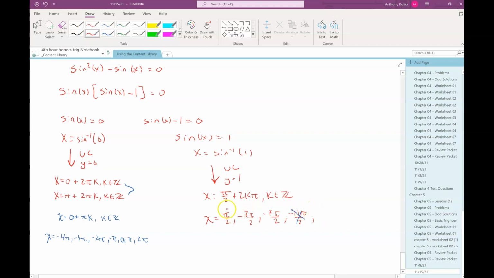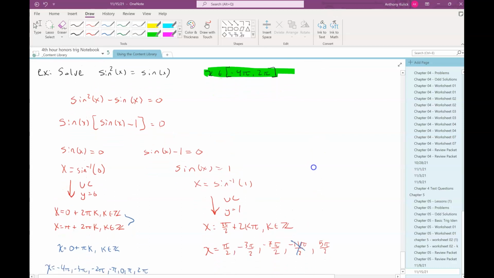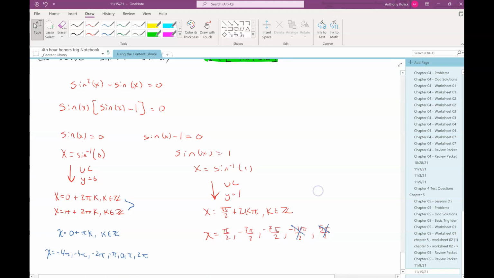Okay, well, let's try adding 2 pi then. That's going to give me 5 pi over 2. And that's too big, right? Again, our interval went from negative 4 pi to 2 pi.